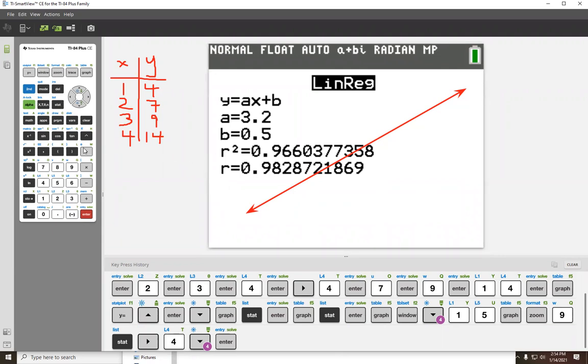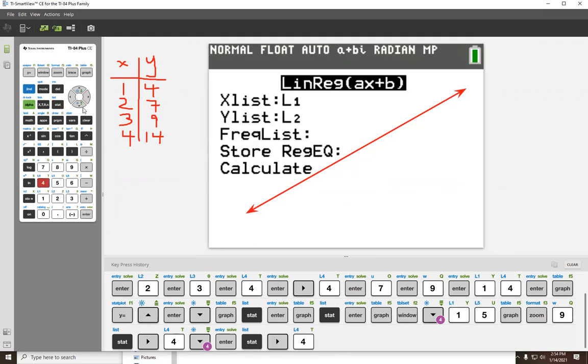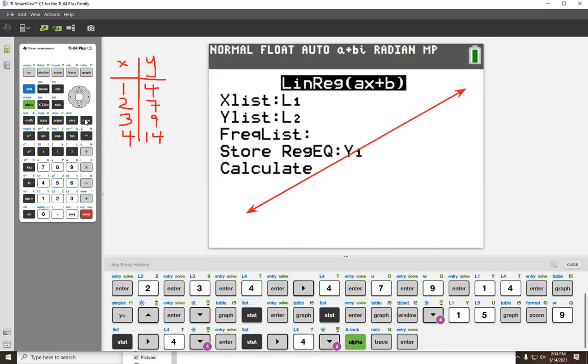Now, a cool trick we can do is go to stat right 4 again, but this time we can tell the calculator to store the regression equation in the y equals menu by going alpha, trace, and then this cool pop-up window appears, and I'll pick y1.